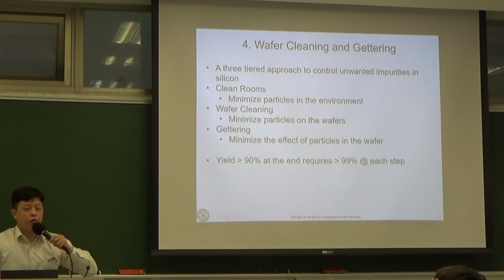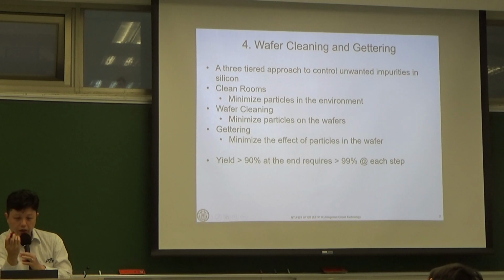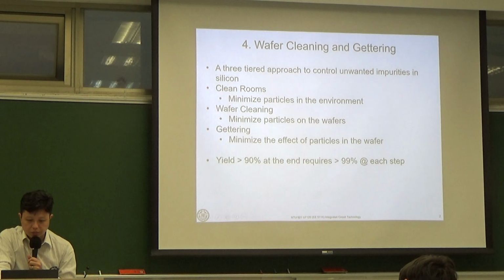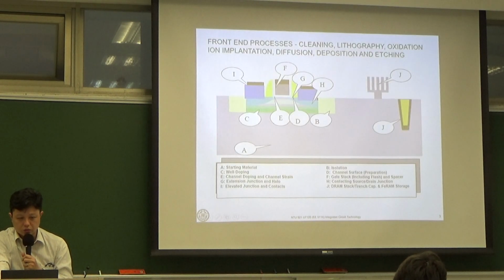The first one is the environment, and then the surface, and right inside your wafers. So we will introduce these three ways, like how to get clean wafers. And we have to do that because we have to control our yield, right? So that's a very important step to control your yield.